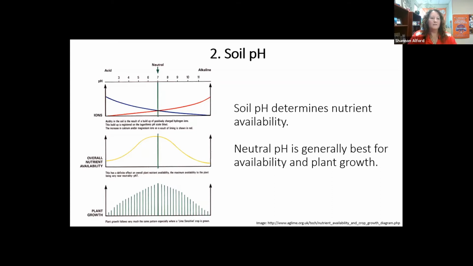The graphs on the left of this slide are generic graphs, but they give you a good idea of what's going on. Think back to chemistry class: pH is on a scale of 1 to 14, and the lower the value, the more acidic. In South Carolina, we have very acidic soils, unless, like Michael mentioned, they're from the coast.